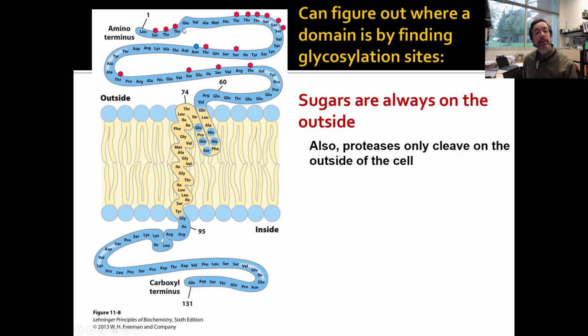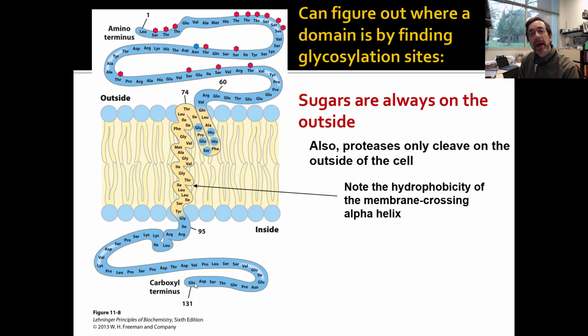And so you can say that I think my protein is outside from residues 1 to 60, is inside the membrane from 60 to 95, and is inside the cell from 95 to 131, all from looking at the amino acids.